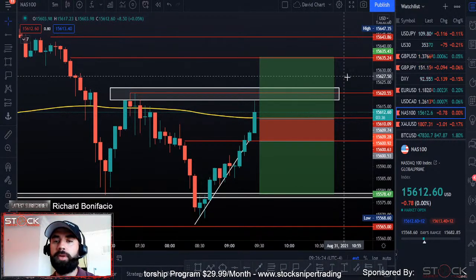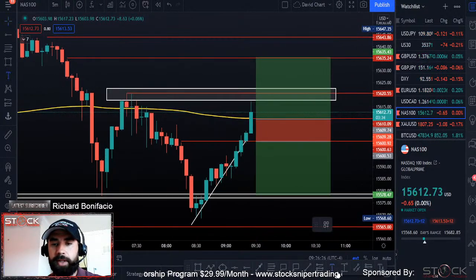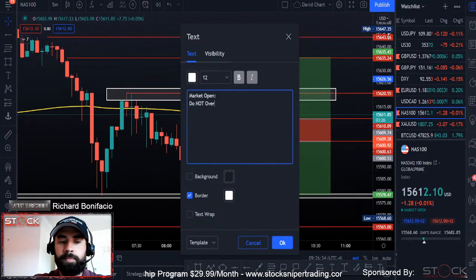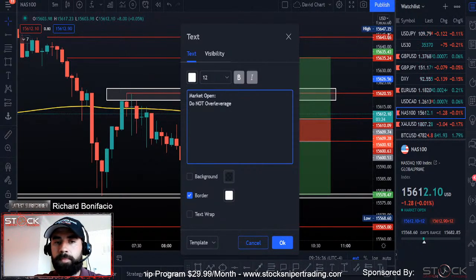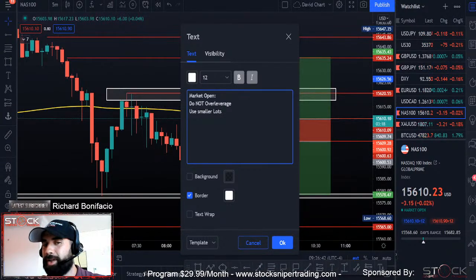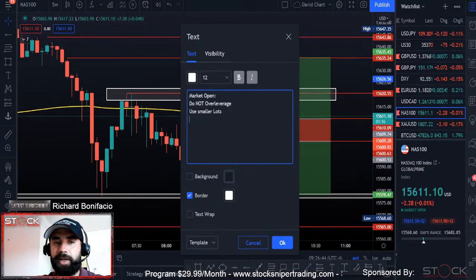Okay, let me type this for you, just so you guys understand here. Do not over leverage, use smaller lots. It's kind of the same thing.